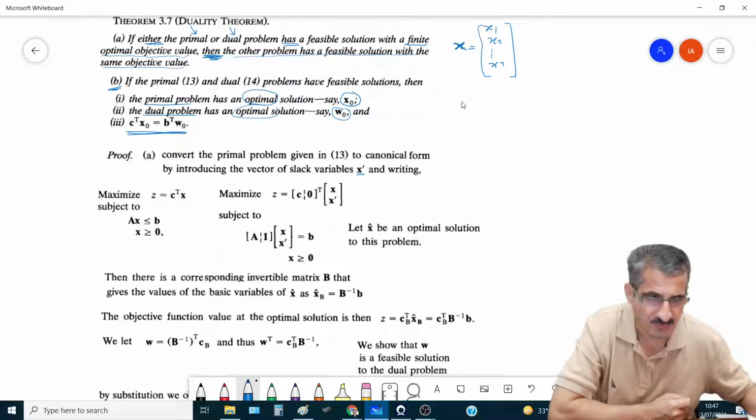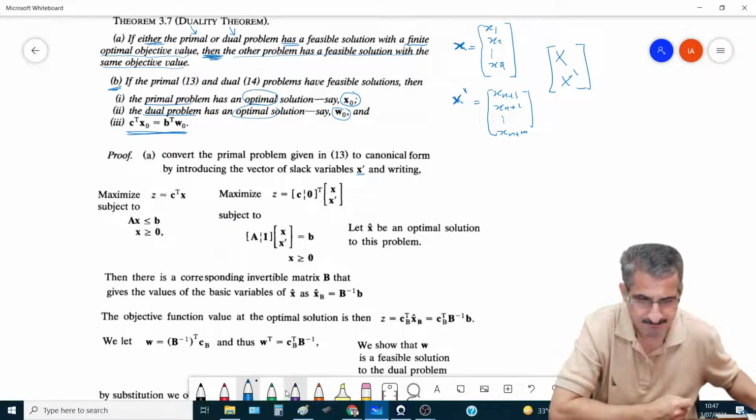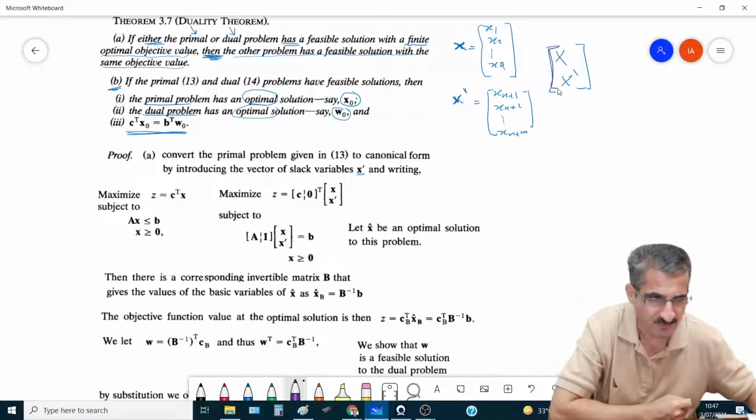And the vector x prime here, we mean the slack variables, which is xn plus 1, xn plus 2, and then till we reach xn plus m. So when we say the vector x prime in one vector, we are just gluing these two vectors together and making them one vector, okay?